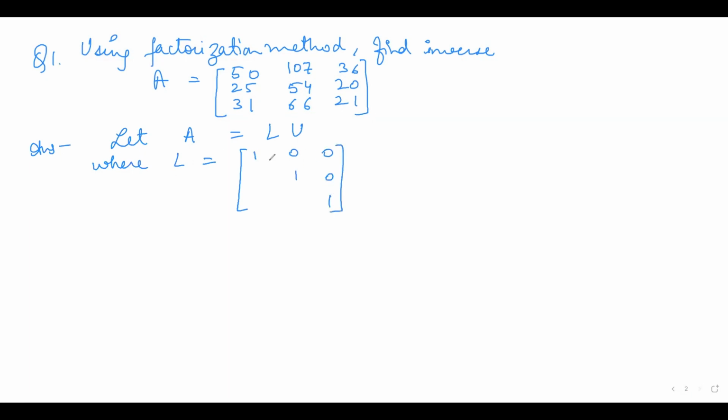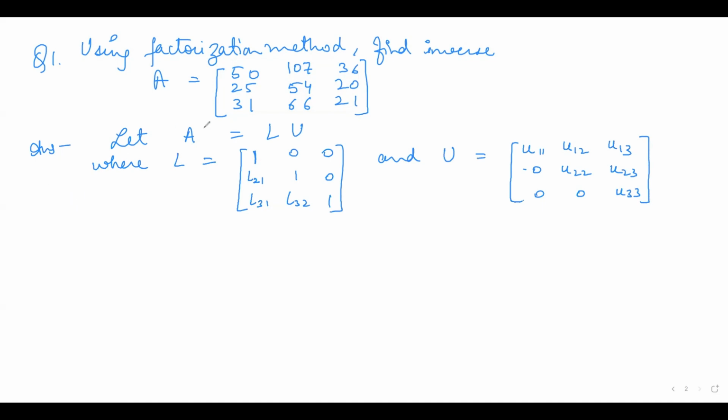I'll write the other elements as L21, L31, L32. And U is given by, because it's an upper triangular matrix, U11, U12, U13, U22, U23, U33. So this is an upper triangular matrix and this is the lower triangular matrix with the diagonal elements as unity. It is important to keep this in mind in the factorization method.